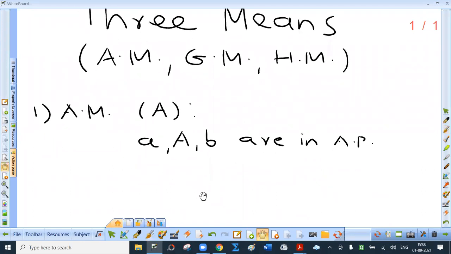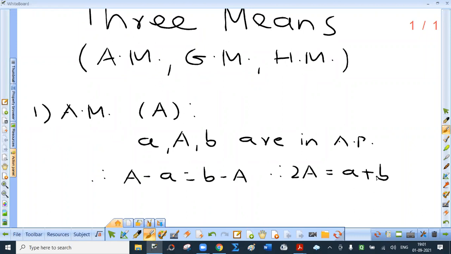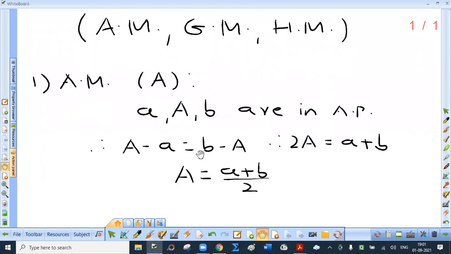Now, a, A, b are in AP. Therefore, capital A minus a is b minus capital A. So 2A is nothing but a plus b. So what is the arithmetic mean A? a plus b upon 2. So the arithmetic mean between any two numbers a and b is (a plus b) upon 2.